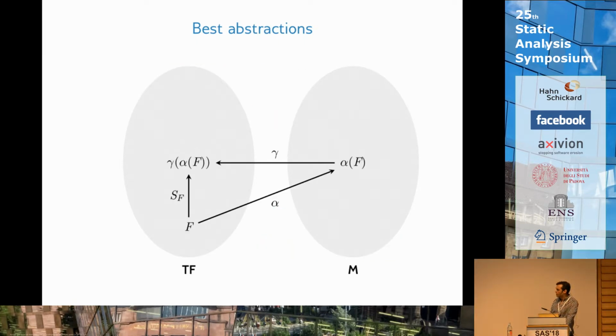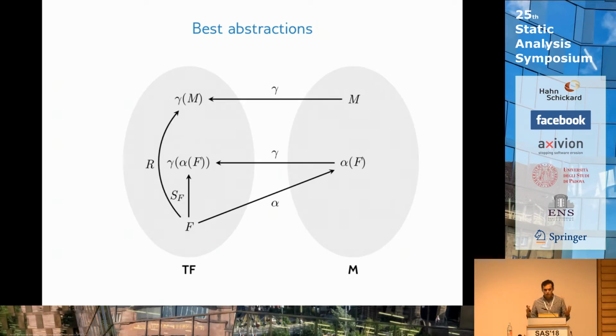So the part of this relationship that we're most interested in this setting is that there's a natural transformation from the identity functor on transition formulas into the composition of gamma and alpha, which really just means that there is some way of associating, for every transition formula F, a simulation that goes from F to gamma of alpha of F. Right, so all of this is saying is that the abstraction of F must indeed simulate F.